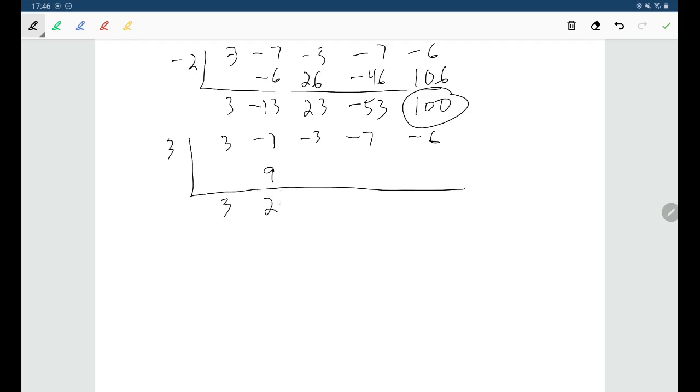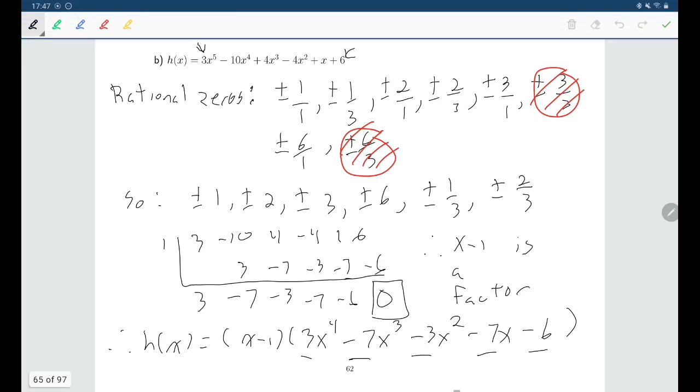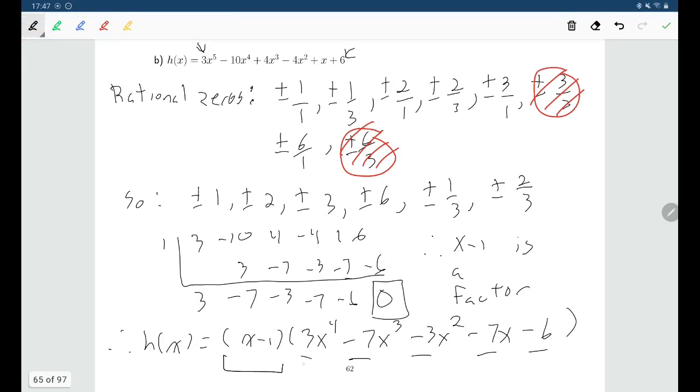Multiply and add, multiply and add, multiply and add. Oh yay, okay, so this turned out nicely. We have a remainder of 0, and so what we now know, I'm going to just scroll back here, h of x had x minus 1 as a factor, and then we had this quotient that was left over.